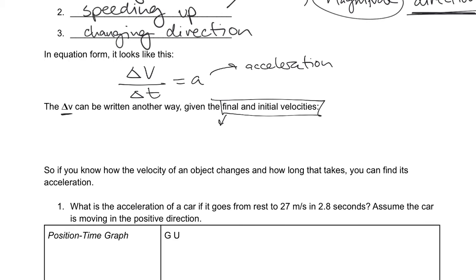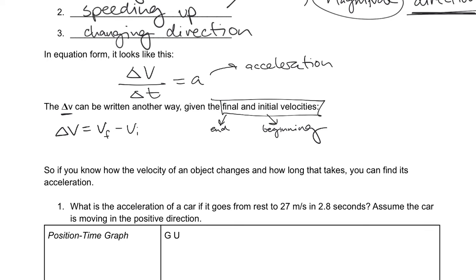So final means the velocity at the end, and initial means the velocity at the beginning. So in order to figure out how much it changes from the beginning to the end, you always do the last velocity, or the final velocity, minus initial. So delta v can be written as final velocity minus initial velocity.